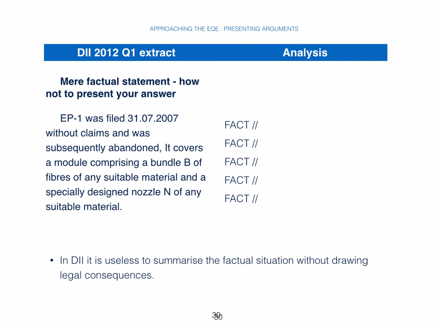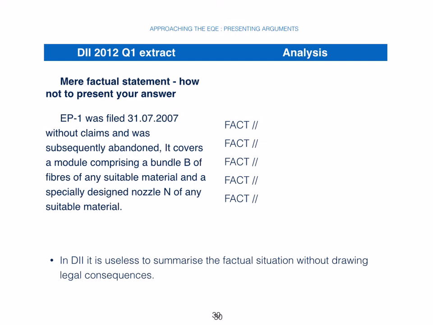It covers a module comprising a bundle B of fibers of any suitable material and a specially designed nozzle of any suitable material, and thus is just a litany of facts, one after the other, without putting in any legal conclusion whatsoever. So you will get no credit whatsoever by simply summarizing the factual situation. Mere factual summaries do not constitute arguments.